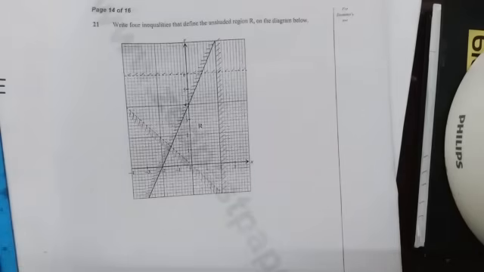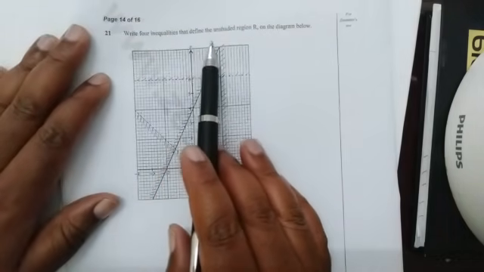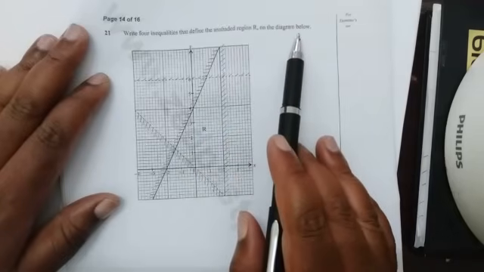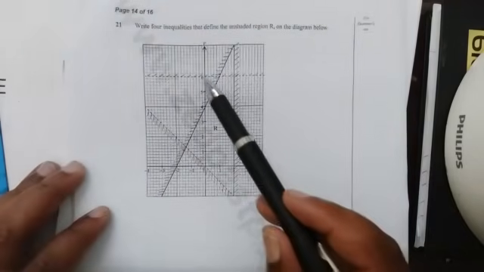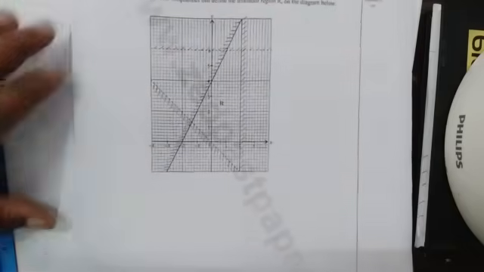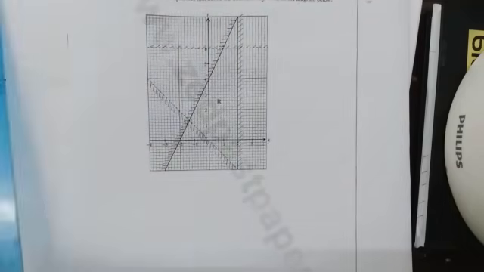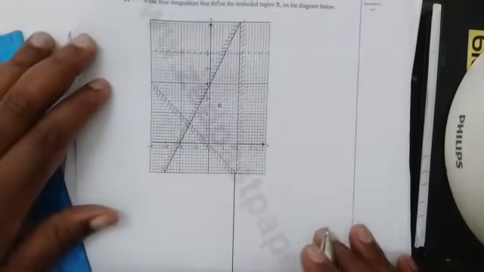Question 21. Write 4 inequalities that define the unshaded region on the diagram below. To make your job easy, you can start with these that are clearly defined. I can start from here.